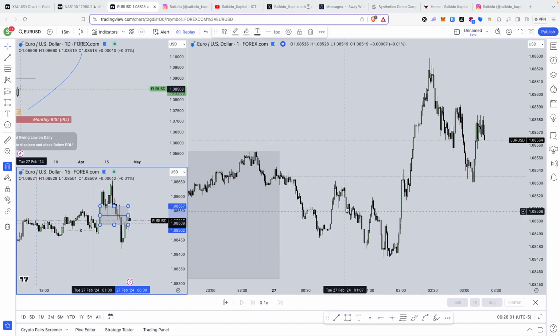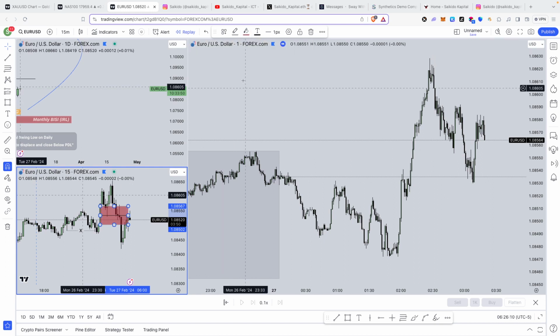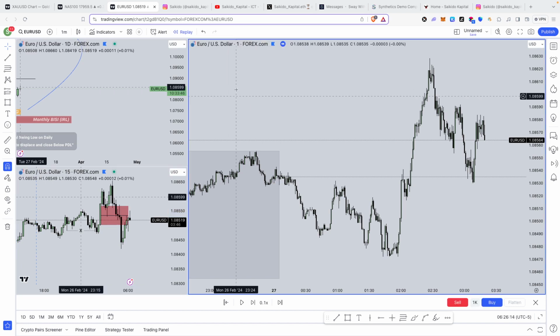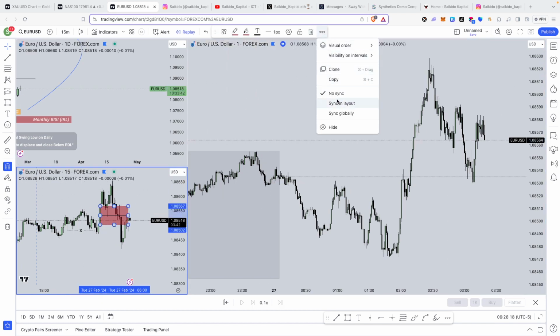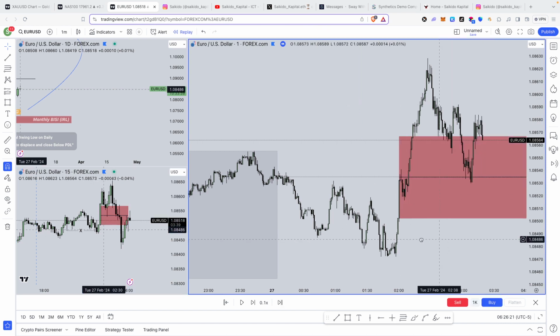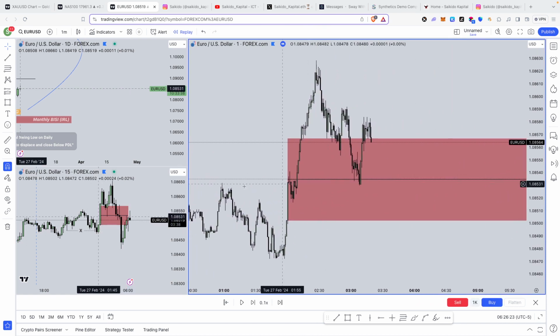I want you guys to see something here because it's confluencing with the midnight open. So now this line is solid. Let's change the color and sync it in layout. Now I want you guys to focus on this fair value gap here.